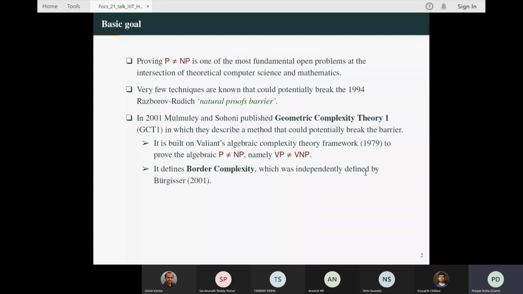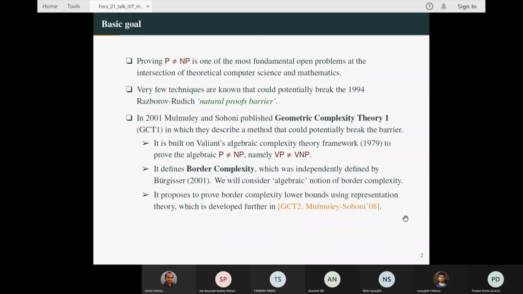In fact, they strengthened this. To do that, they defined border complexity, which was in the same year independently defined by Bürgisser as well. We will be working with this algebraic notion of border complexity that Bürgisser defined. Finally, in the subsequent paper, GCT2, they proposed representation theoretic formulations.